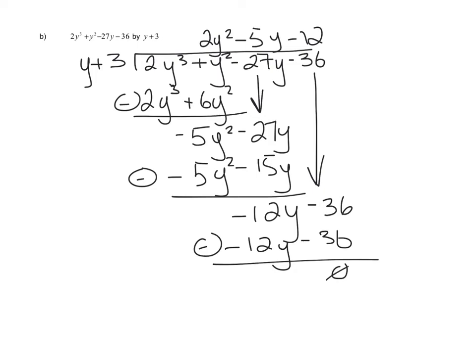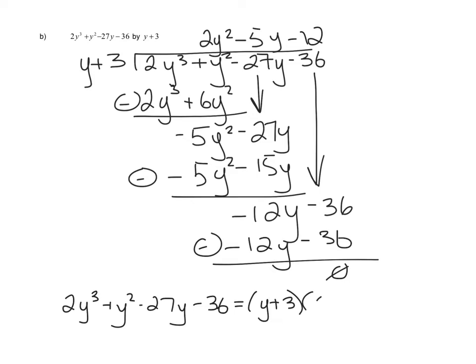So my therefore statement, my original question, 2y cubed plus y squared minus 27y minus 36 equals those two polynomials multiplied together. Moving on.